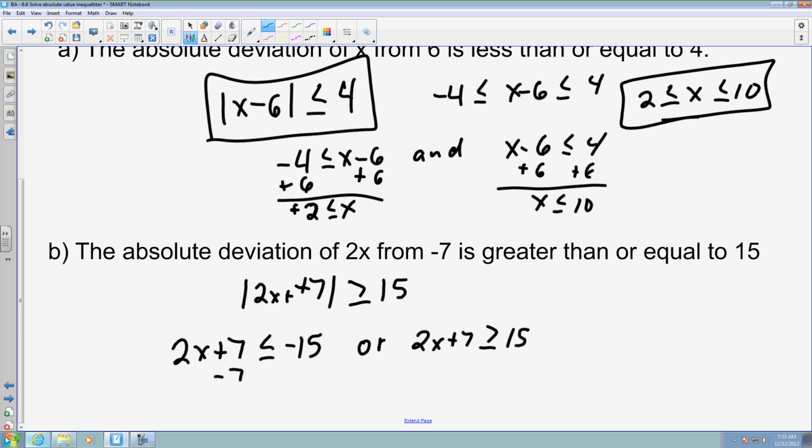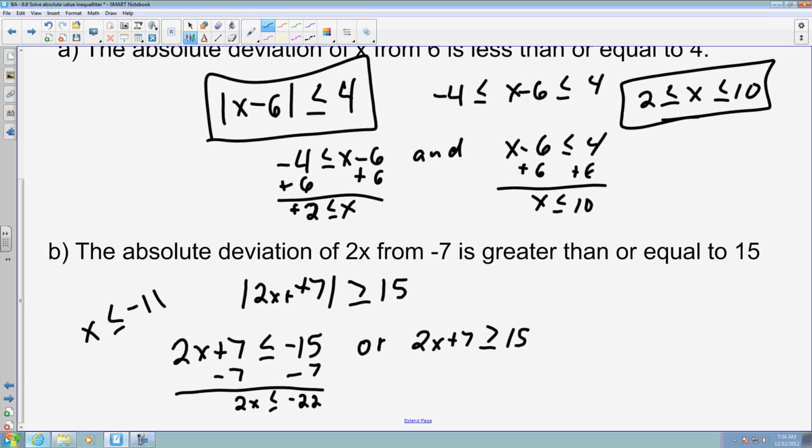So if I were to subtract 7 to both sides here, it gives me 2x is less than or equal to, what would that be? -22. And dividing both sides by 2, that would be x is less than or equal to -11.